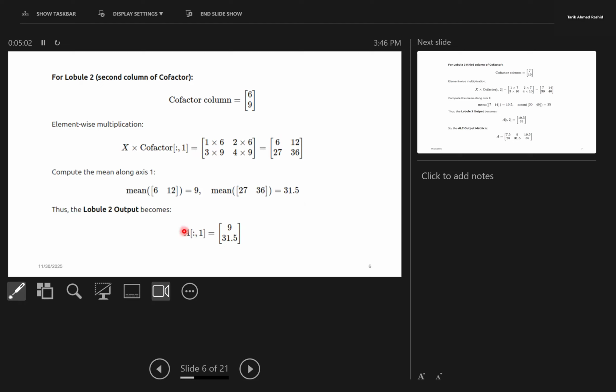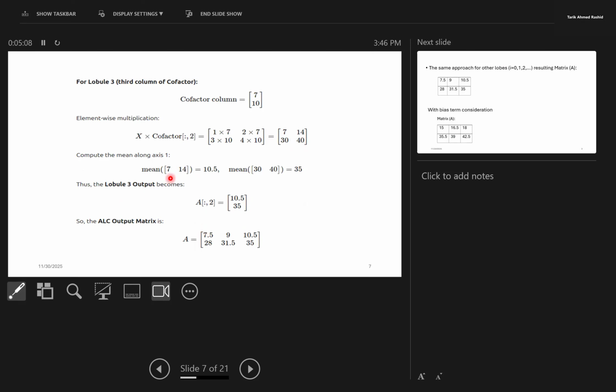That is the second lobule output. For lobule 3, the third column of the cofactor is 7 and 10, so 1 times 7, 2 times 7, 3 times 10, and 4 times 10.